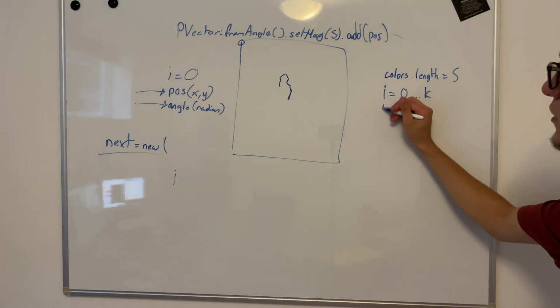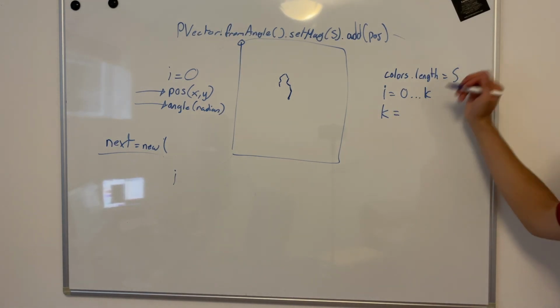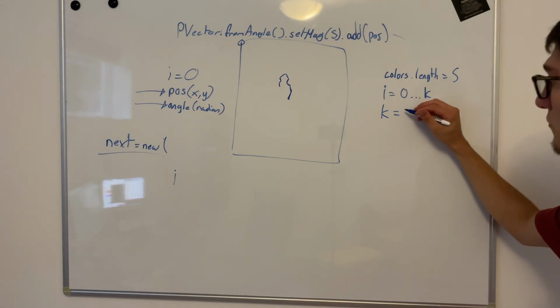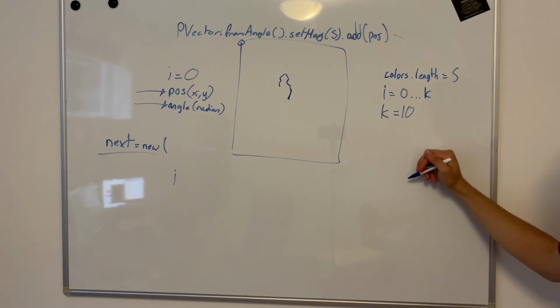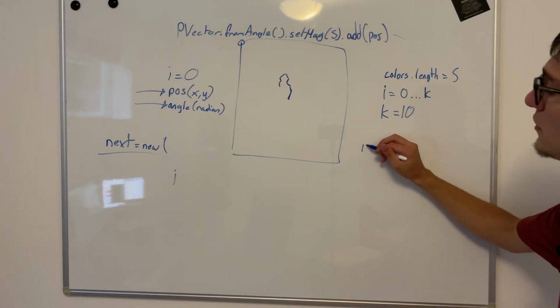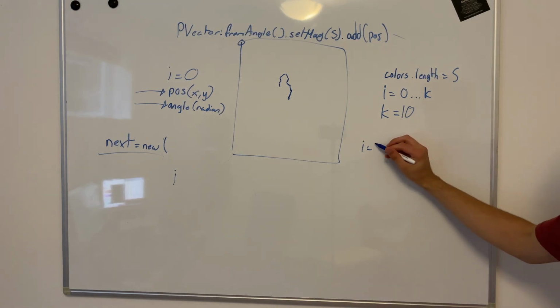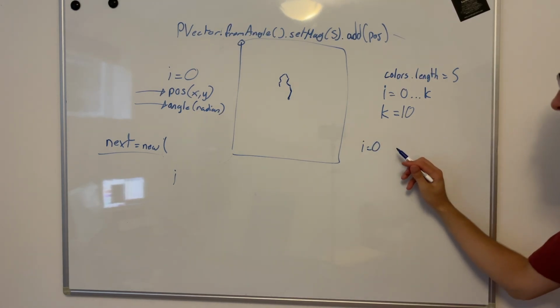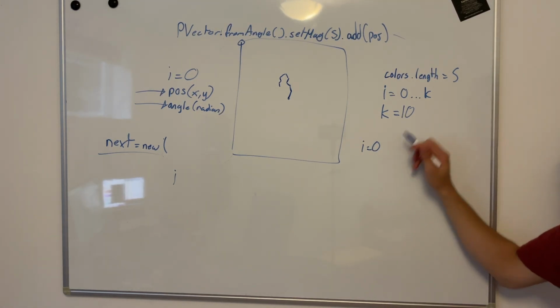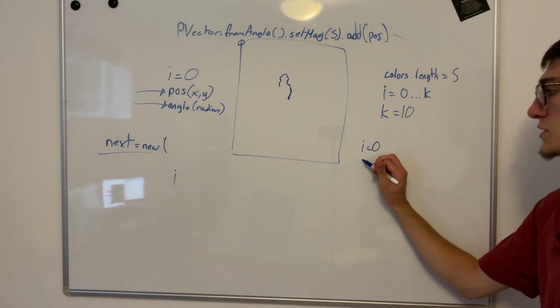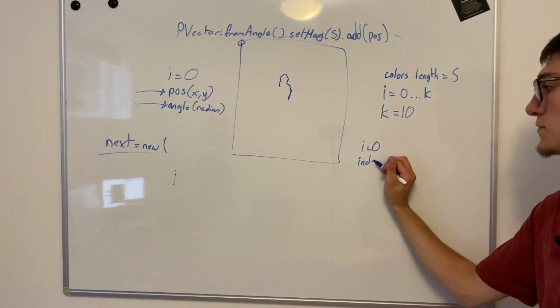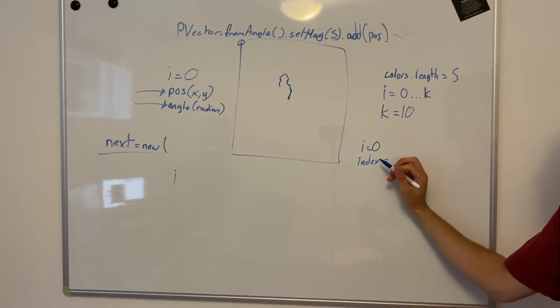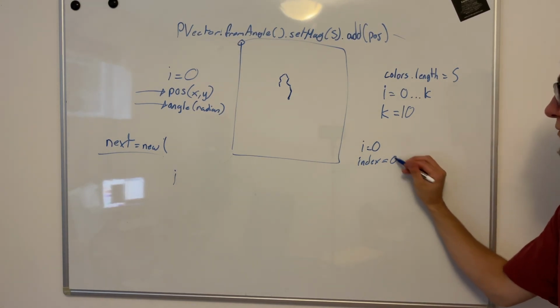And we have k, which is some number. Let's give it an actual non-fictional value, right? Let's do 10. So when I is equal to 0, the first index, the color we want to select, let's do index, should be equal to 0, right?